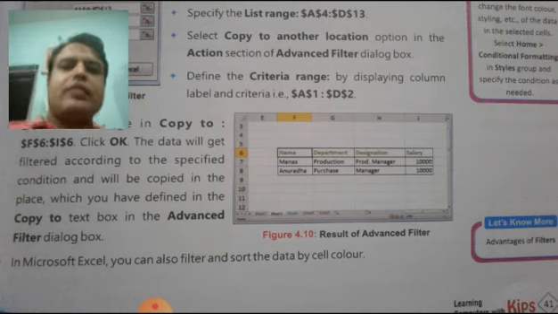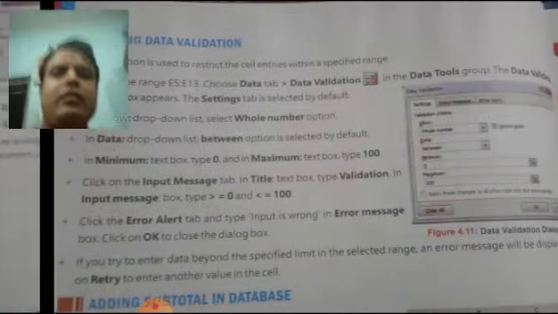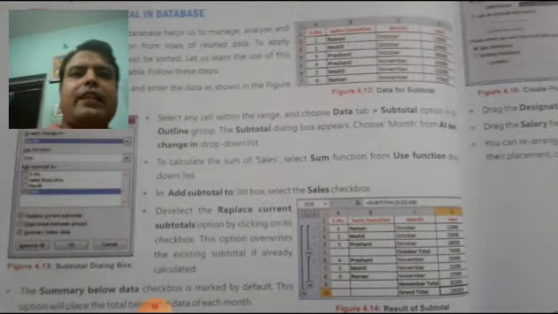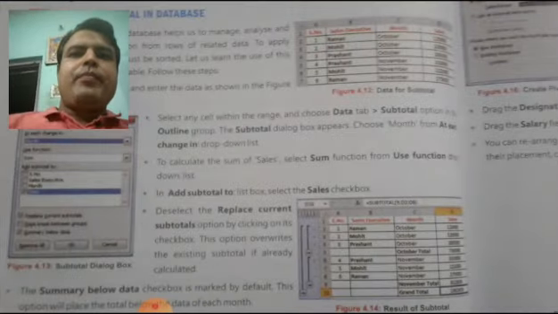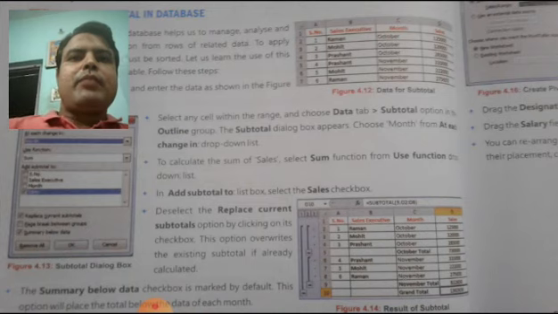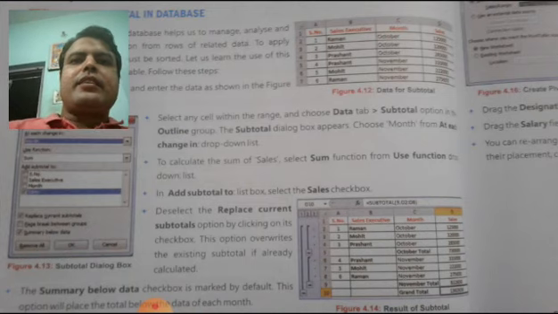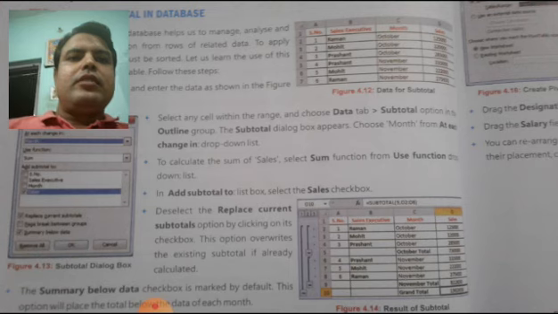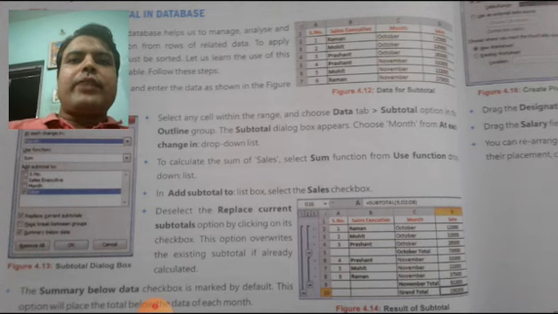And the next is adding subtotal in database. This feature helps us to manage, analyze and extract, that is retrieve or access a specific information from rows of related data. To understand this, look at the figure 4.12 given in page number 42.